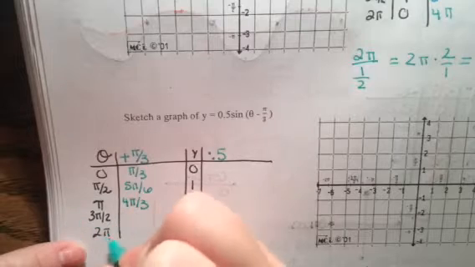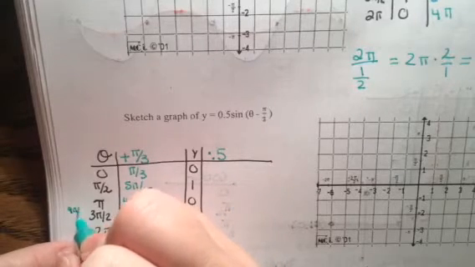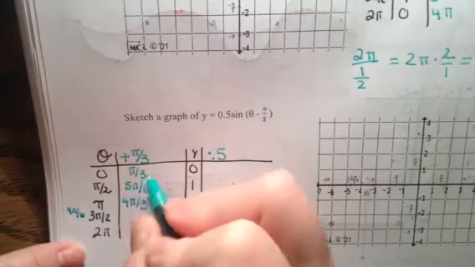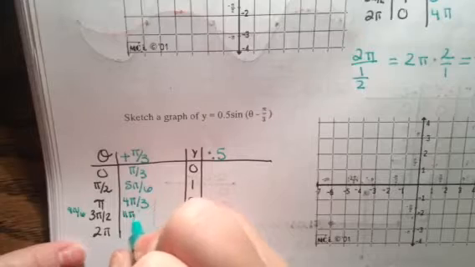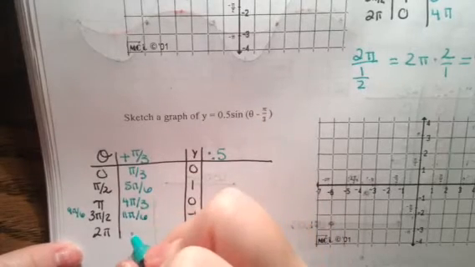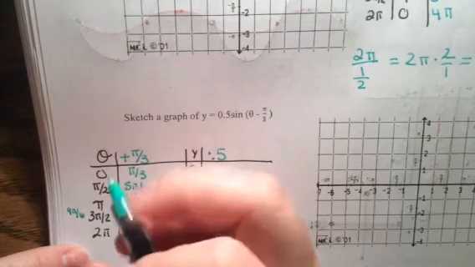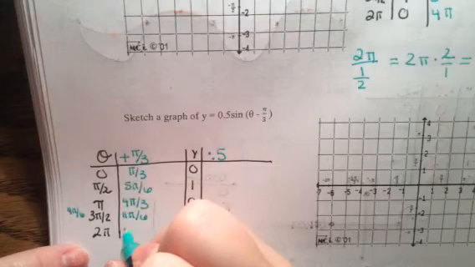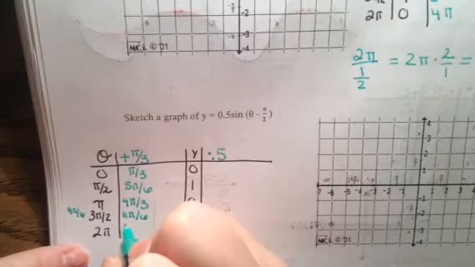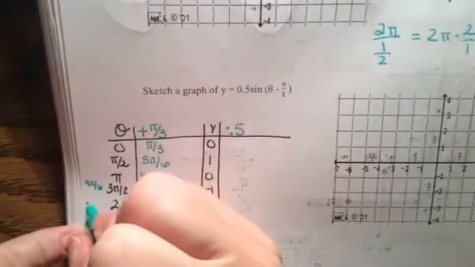This is going to be 9 pi over 6. And this is 2 pi over 6, so 11 pi over 6. And then this is going to be 14 pi over 6. I've got to write this out, I shouldn't do math in my head.